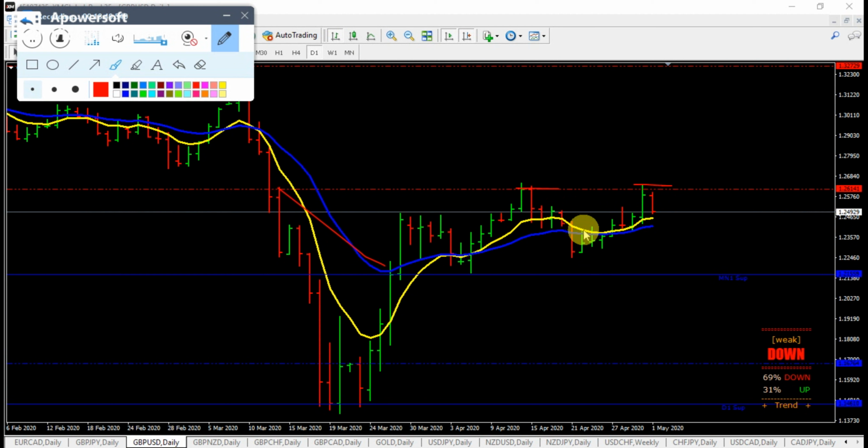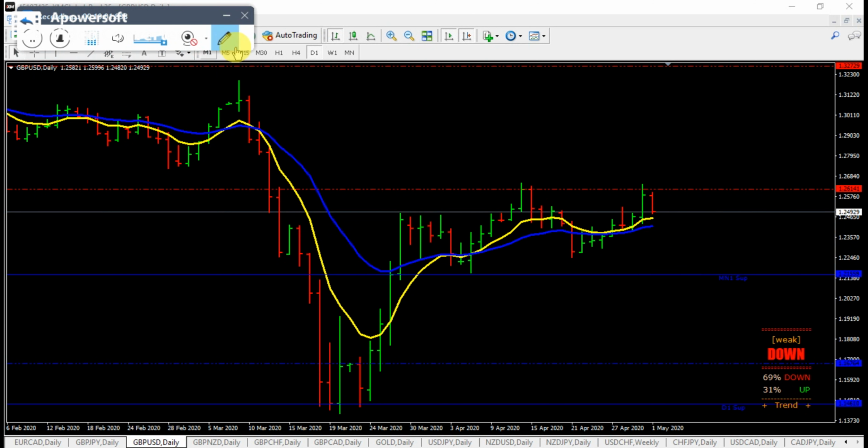But what I am expecting from this pair, if it touches this resistance again, I'm going to sell it from this top level. If it comes down straight here next week, I'm going to buy it, because in the long term I'm expecting GBP USD to go up, and it will go up a lot.